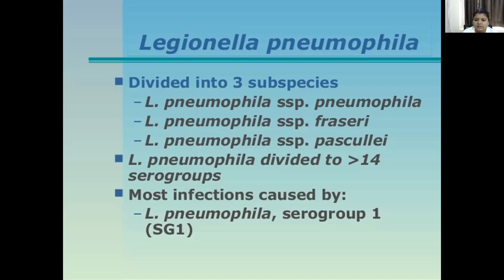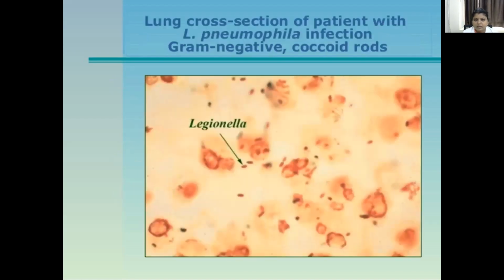Serologically they are divided into more than 14 serogroups. In that, Legionella pneumophila serogroup 1 is the most important pathogenic subspecies. This is the picture showing the coccobacilli, gram-negative bacilli, along with the pus cells.